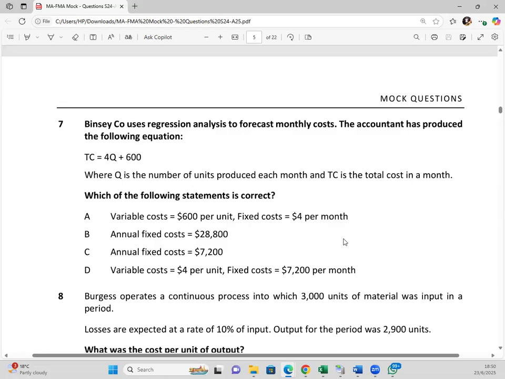So that's the total cost function. Total cost is equal to, we have Q, the number of units produced. The question then says, which of the following statements is correct?